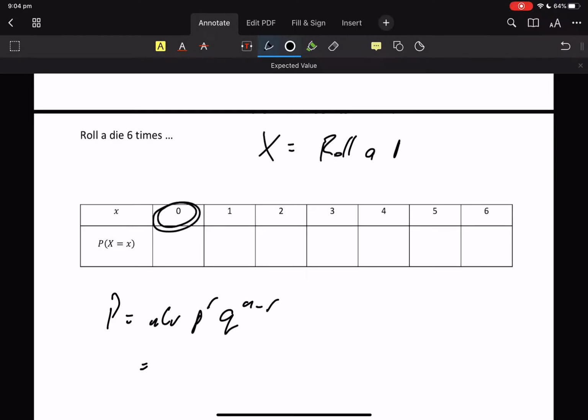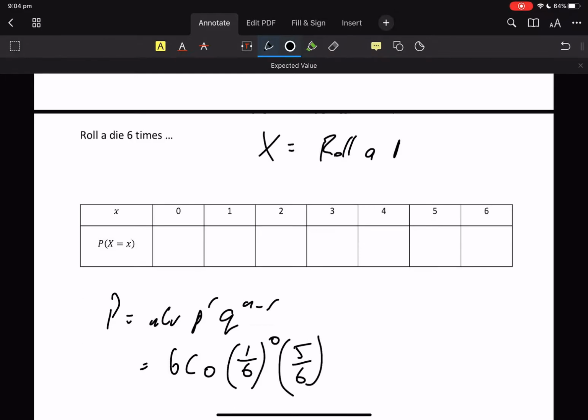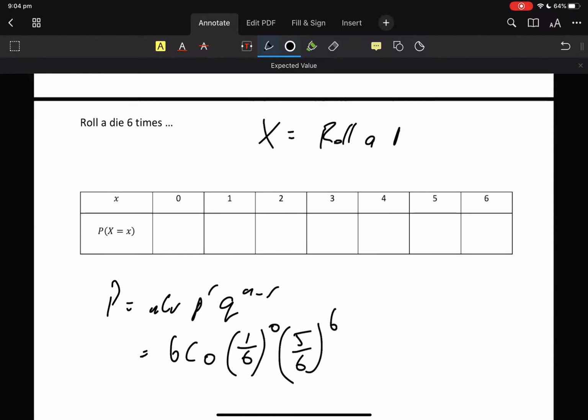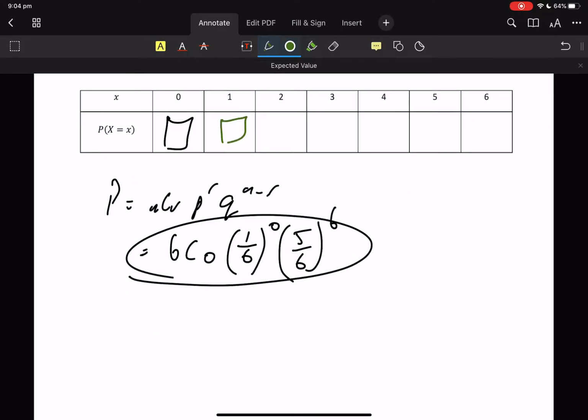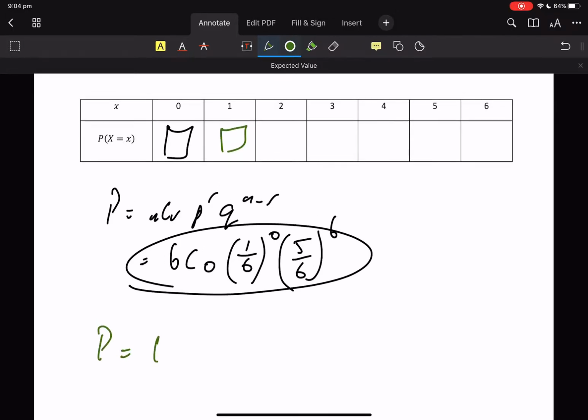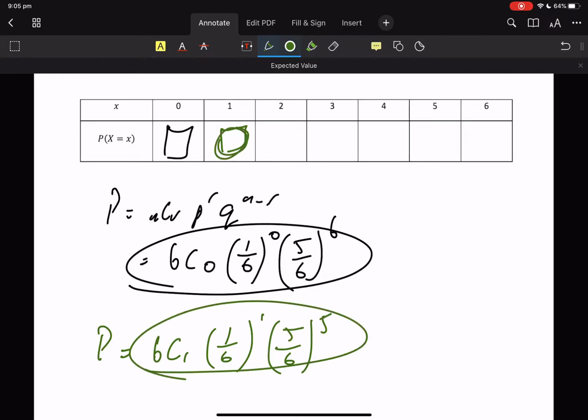So this 0 would be 6C0. Success is 1 out of 6, and I want 0 successes. q is 5 out of 6, and I want 6 failures. I'm going to put that in the calculator and put the number there. For the number 1, my probability will be equal to 6C1. I want 1 success, 5 failures, calculator, number goes there.